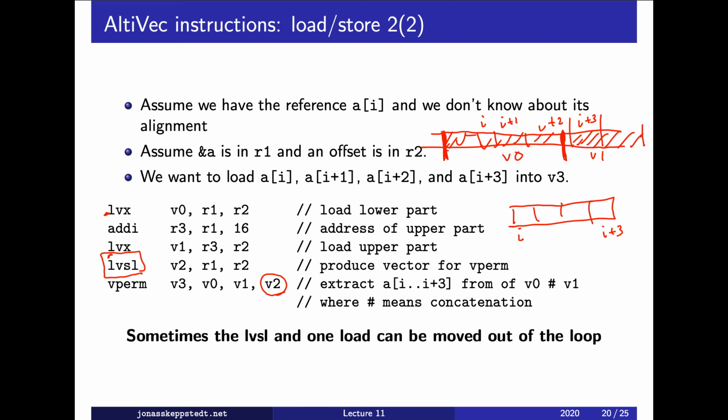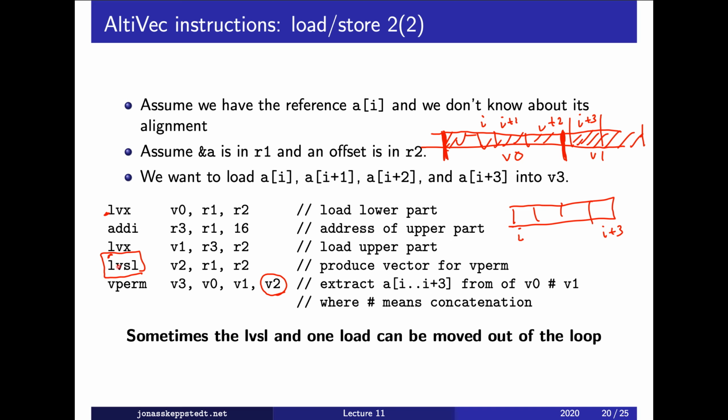Okay, so what we see here is that to load one vector, we need 5 instructions. That's a pity. What we can see is that if we are in a loop, then this one will be the same. The bit pattern that it produces is the same, but the source operand will be different. R2 will be 16 bytes ahead for the next iteration, but the value of V2 is the same.